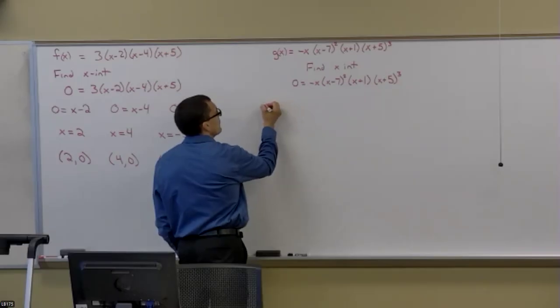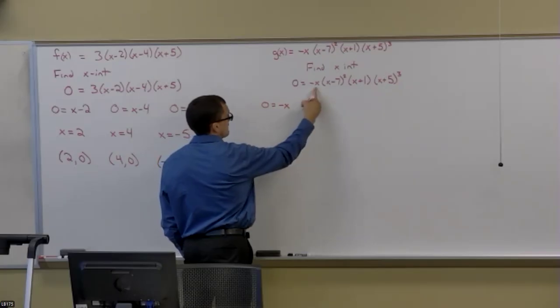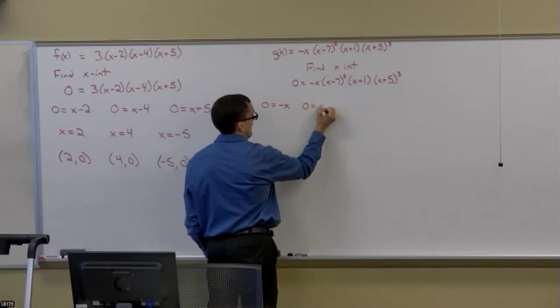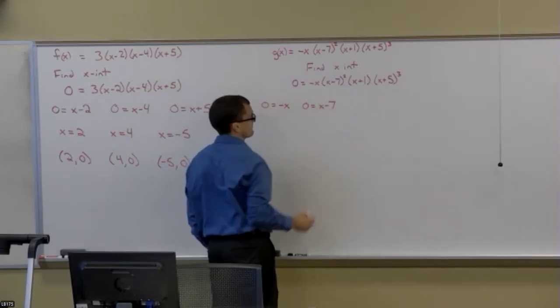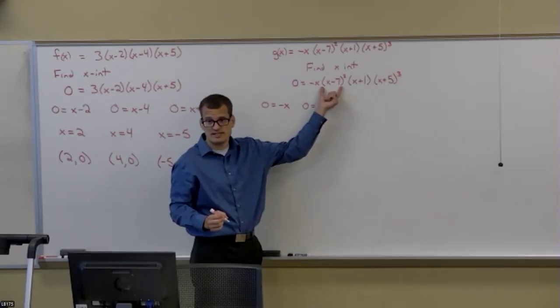And so we can set 0 equal to the factor -x. We can set 0 equal to x minus 7. By the way, there's actually 2 copies of x minus 7 here.